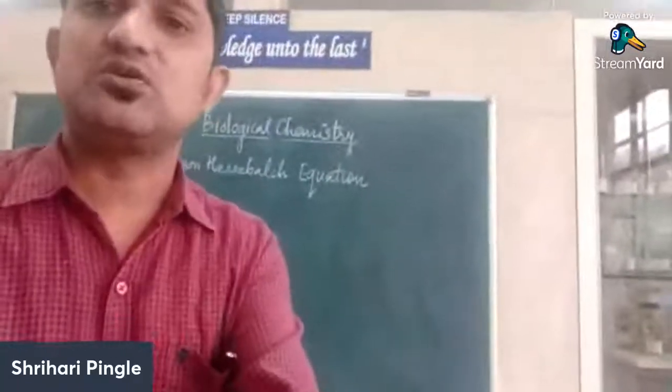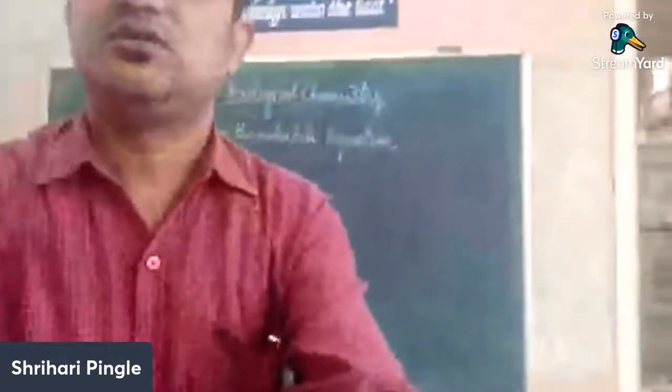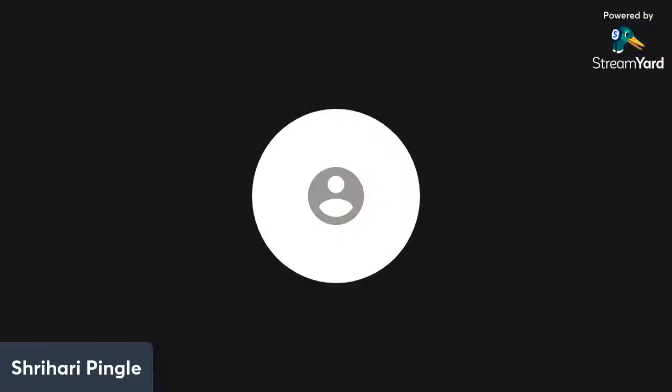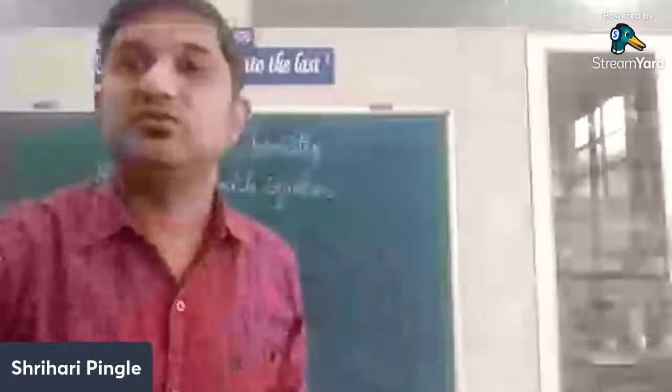I'll try to bring the camera closer so that the students can clearly watch what is happening on the board. Some disturbance, of course, due to the camera stand that I have, but nevertheless, now hopefully you can see it again.